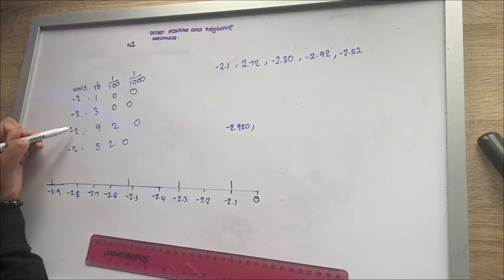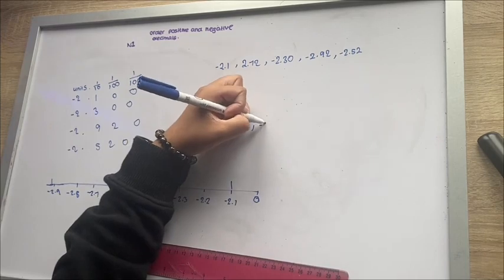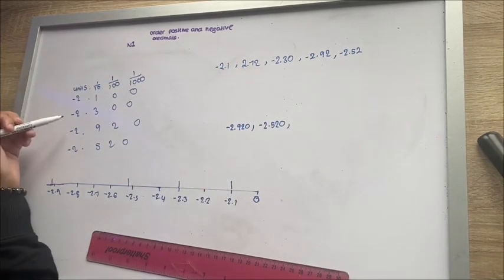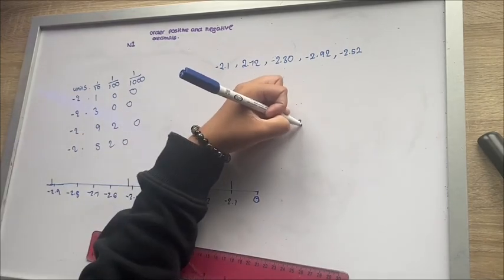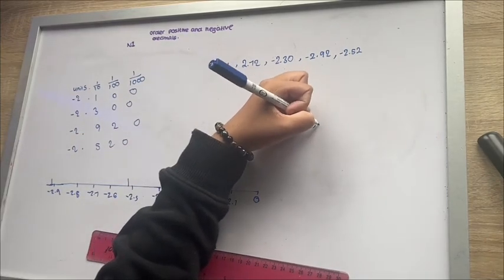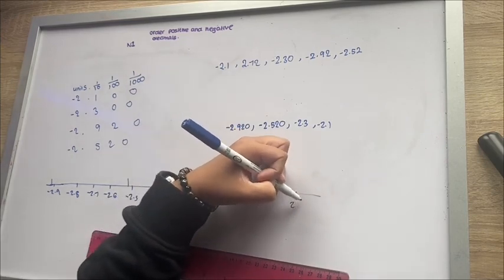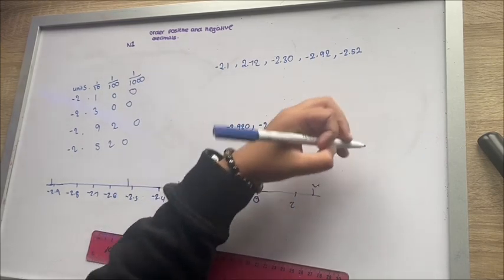And then got the minus 2.520. We've got the minus 2.3. And the minus 2.1. And obviously, the 2.72, which should be round about here, which is the highest number.